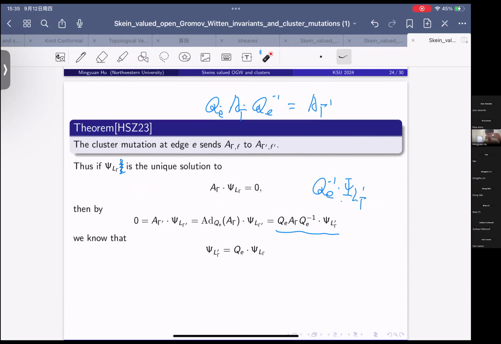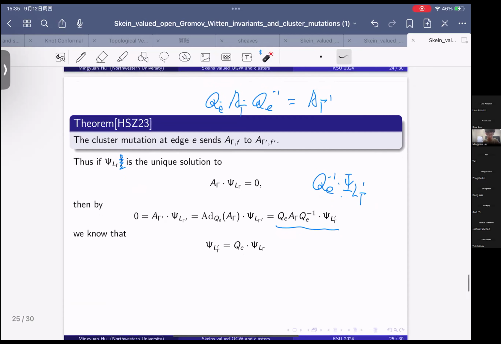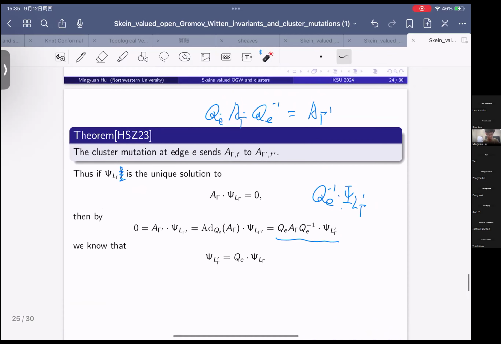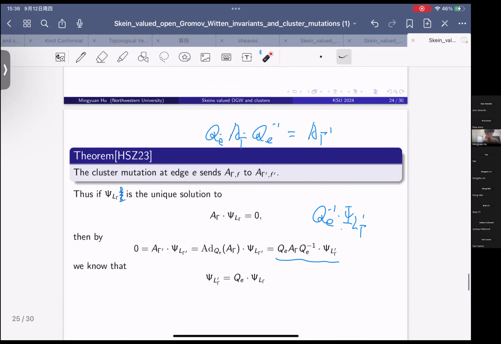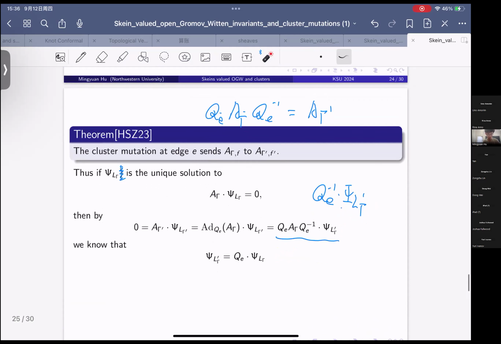I have a question, but sorry, I'm just curious. Your skein algebra, at least probably for genus 1, should somehow relate to the elliptic Hall algebra. Yes.